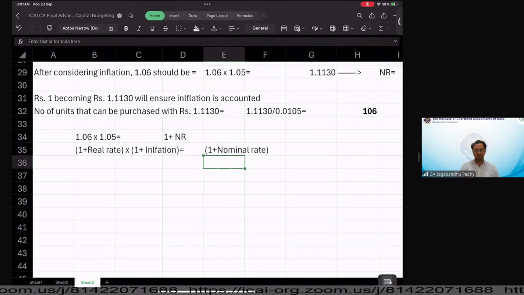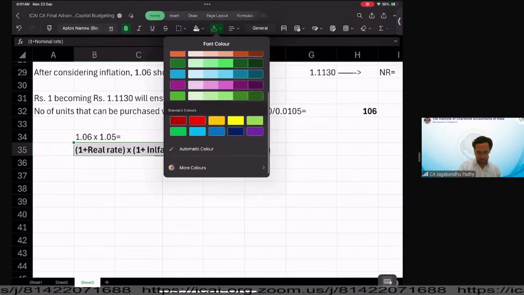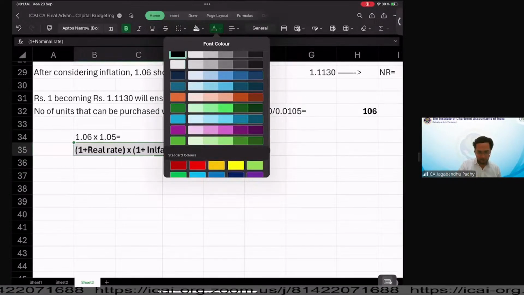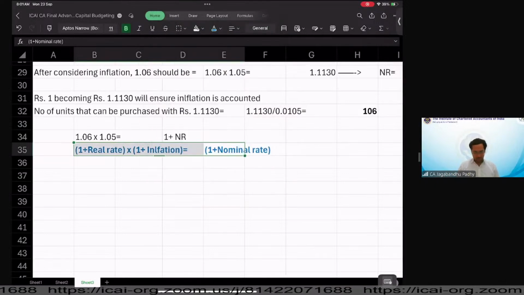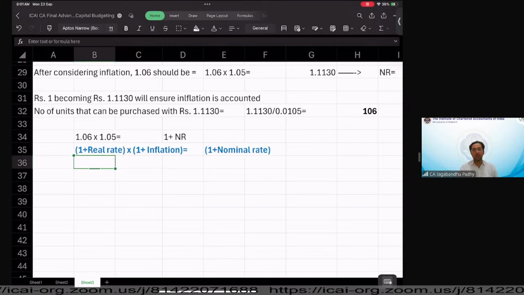We can simply use this equation, guys. You can use this particular equation to arrive at the real rate from the nominal rate and also the nominal rate from the real rate.